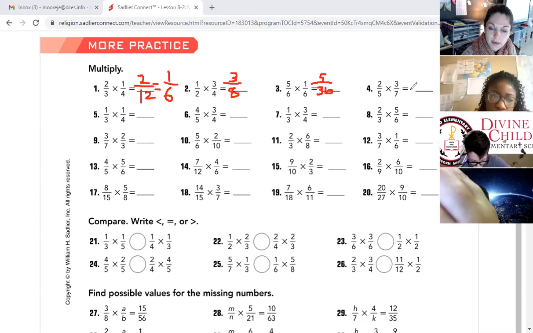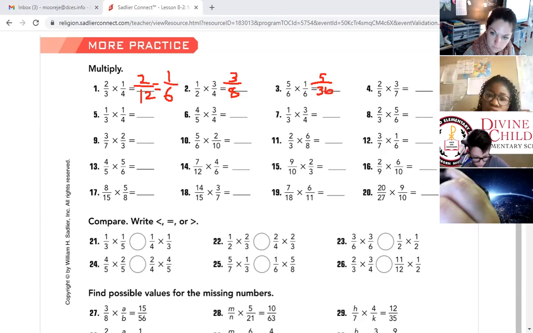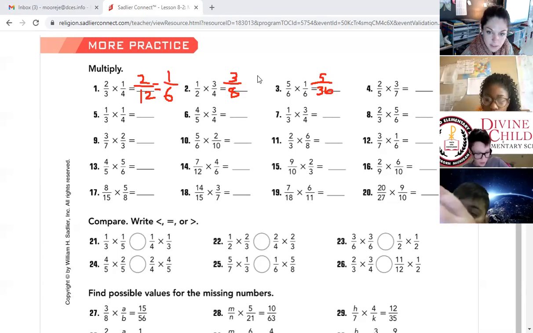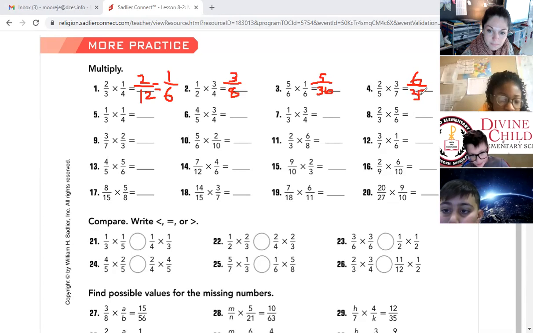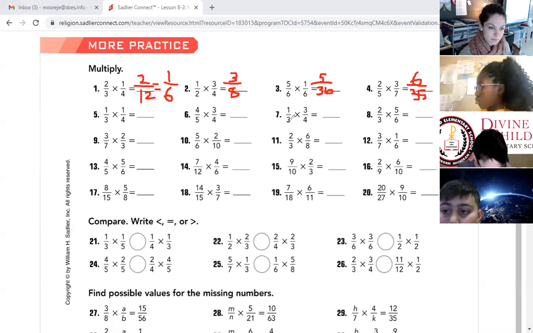Do they share any factors? No. Nope, I'm done. Next one, 2 times 3, 6. 5 times 7, 35. Okay, so I'm done. They don't share any common factors either. How about you do 5, 6, 7, 8 for me? And I'll be quiet here for a second.